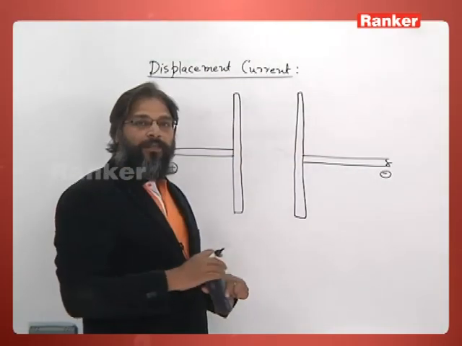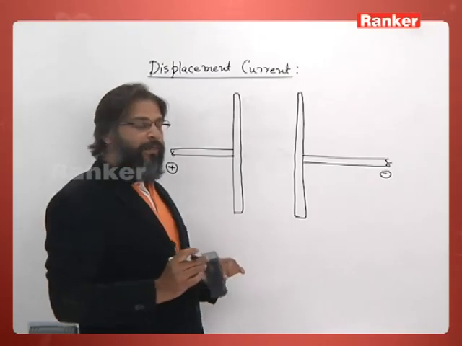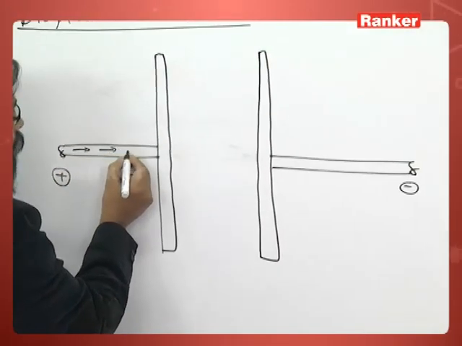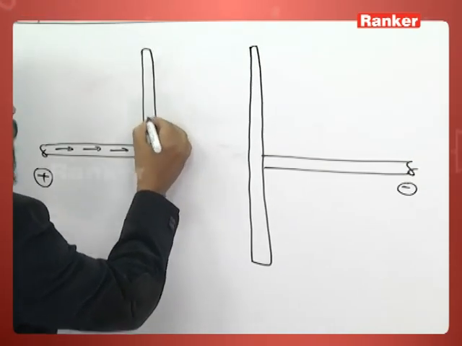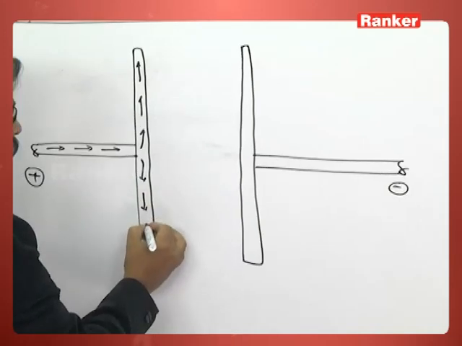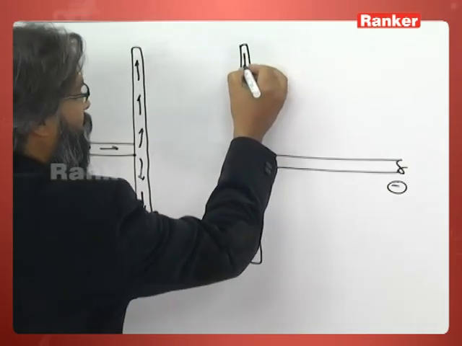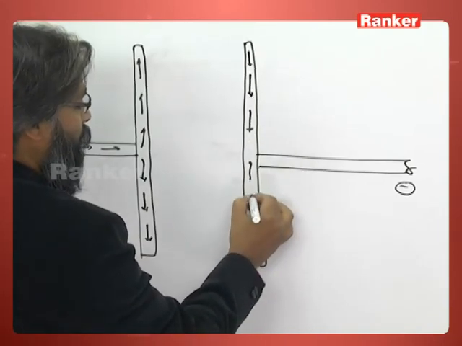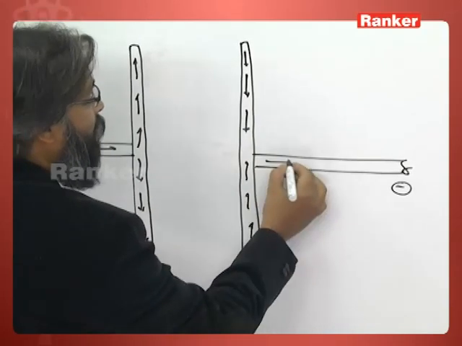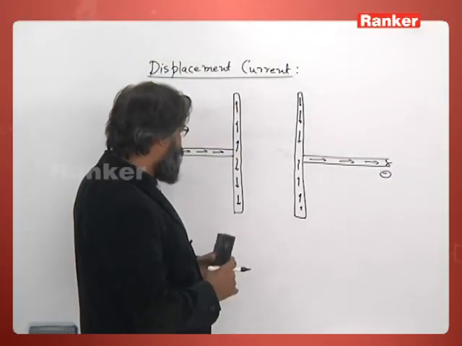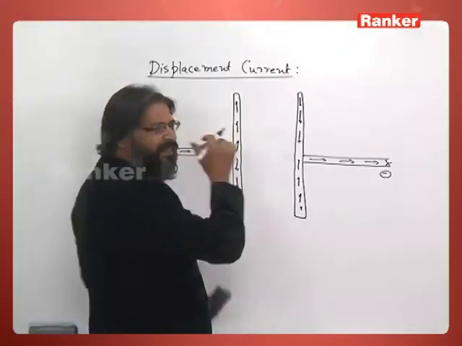The capacitor suppose is in the process of charging, so the current flows in the capacitor this way. The charge build up takes place on the capacitor plate, and here this is the positive plate, so the charge flows from this towards this. So we will concentrate in this region and in this region.